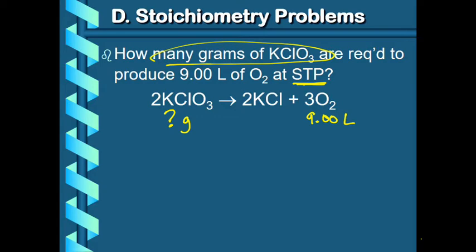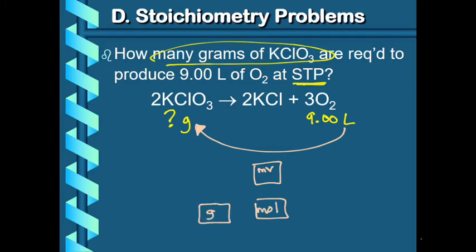This time, we are moving from liters to grams. If you think about your boxes, you had molar volume here at the top, you had moles right there in the middle, then you had grams. So here's how many steps this problem will be. It will be 1 step to get from molar volume to moles.